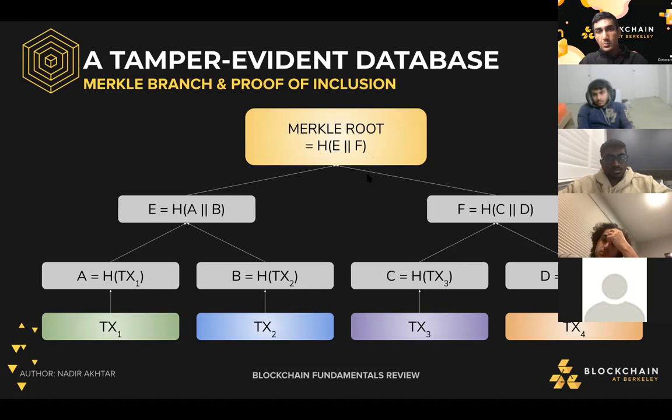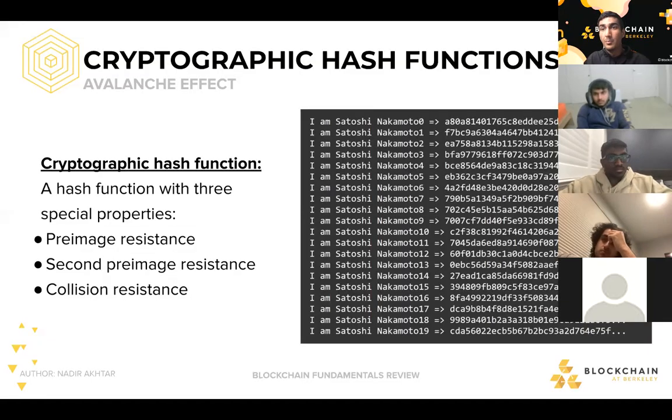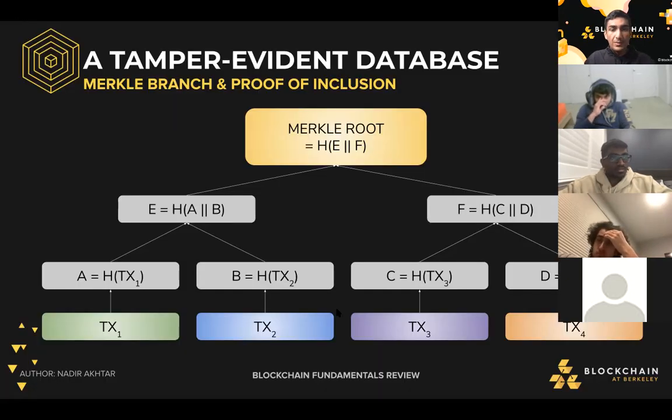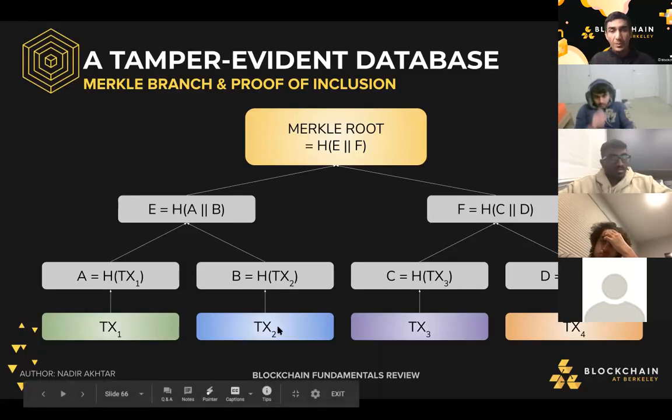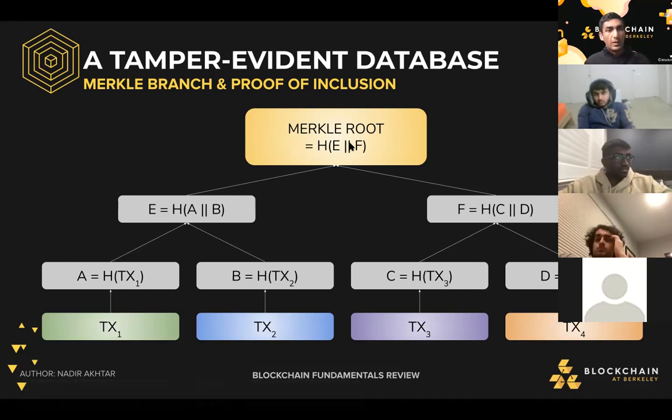This Merkle root is really important because, as we saw, a hash is a very sensitive function. Even changing "Satoshi Nakamoto 0" to 1 completely changes the output of the hash. So if any of these transactions change even a little bit, the Merkle root will completely change. We use that property to ensure tamper evidence in a blockchain.